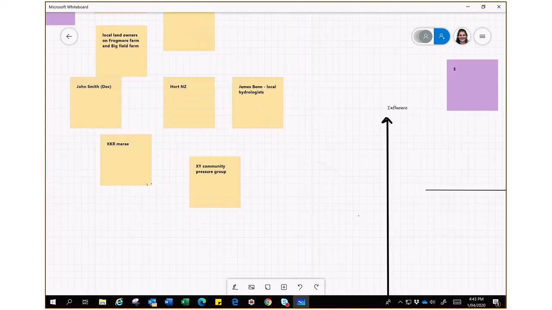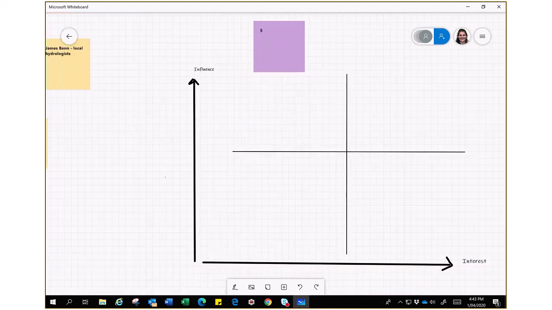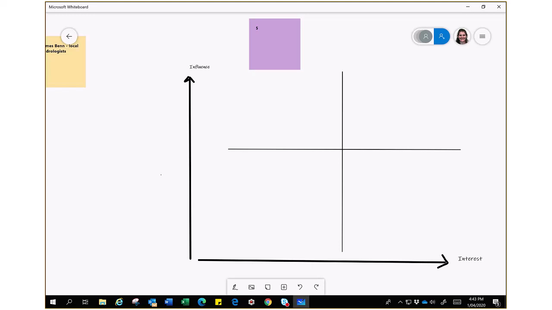Then you want to draw the axes of influence and interest on a whiteboard, and then taking one stakeholder at a time, you want to have a round table discussion about where the stakeholder should go on the axes, noting down if there are any interesting differences in views about a stakeholder and their influence and interest. Or sometimes you want to indicate that influence or interest is increasing or decreasing. So you can do that by adding an arrow.